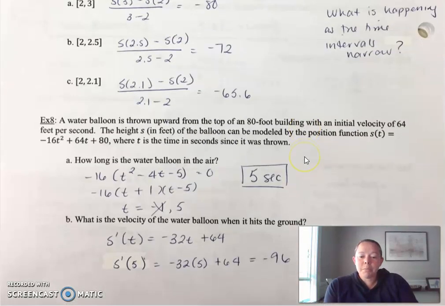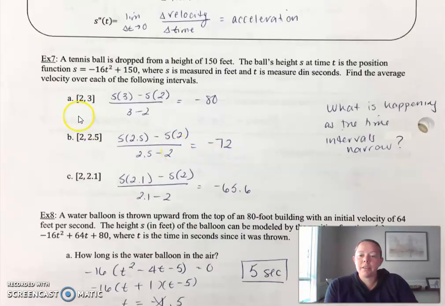So here's a couple examples. Tennis balls dropped from a height of 150 feet. The ball's height s at time t is the position, and they're giving us the position function where s is measured in feet, t in seconds. There's a little typo there. Find the average velocity over each of the following intervals. So we're just using this position function, and we're basically doing the slope.